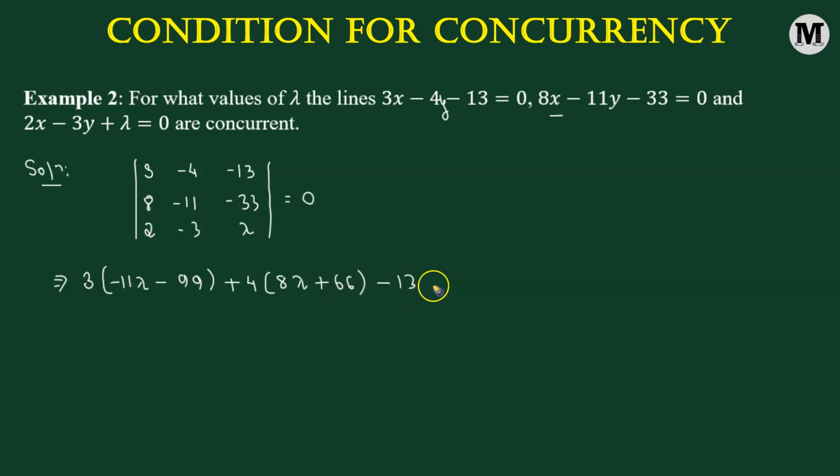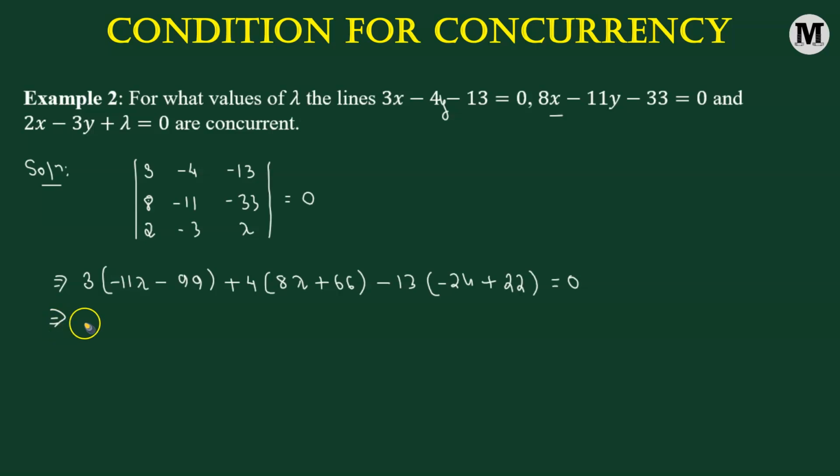Then we have negative 13 multiplied to 8 times negative 3 makes it negative 24, minus 2 times negative 11, that's negative 22, but there's already a negative number present, so we have positive 22. This is going to be equals to 0.